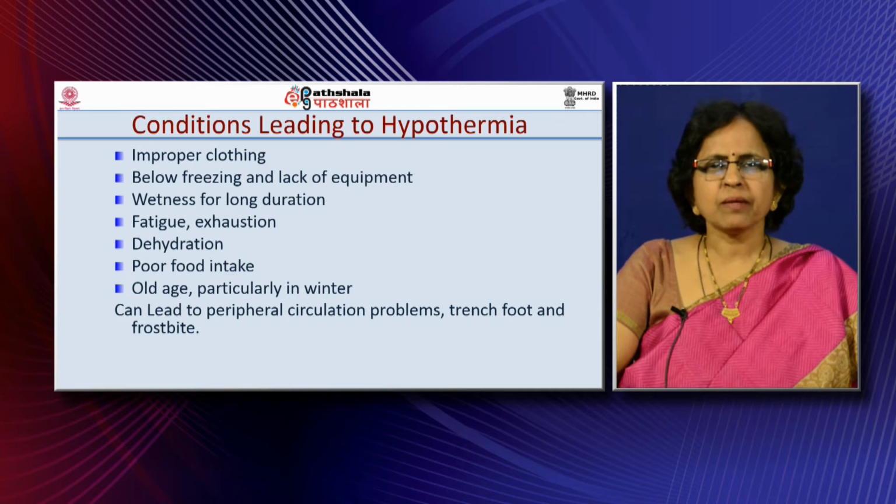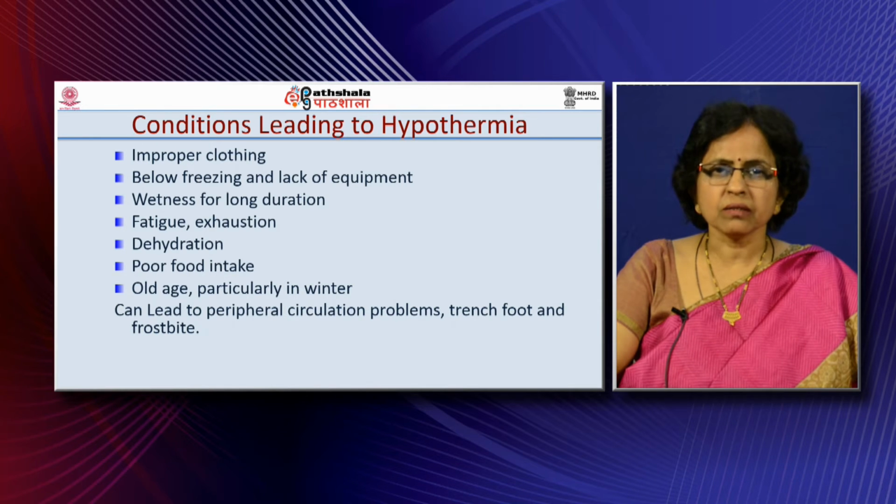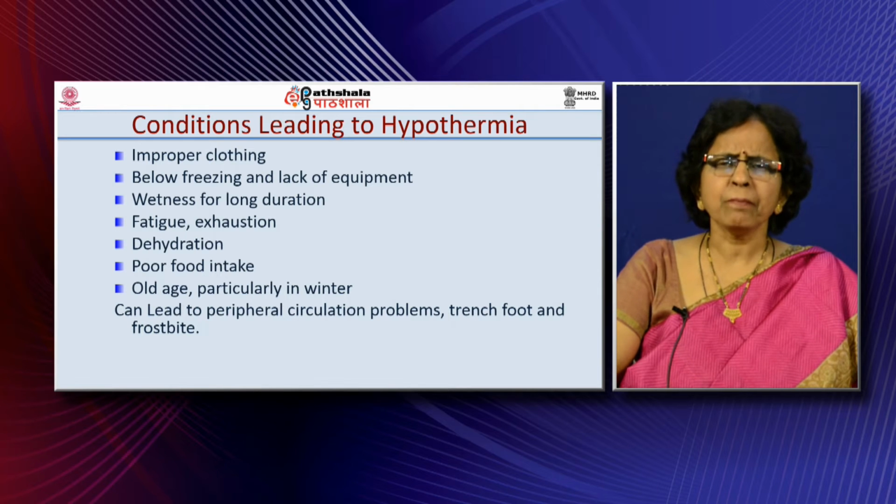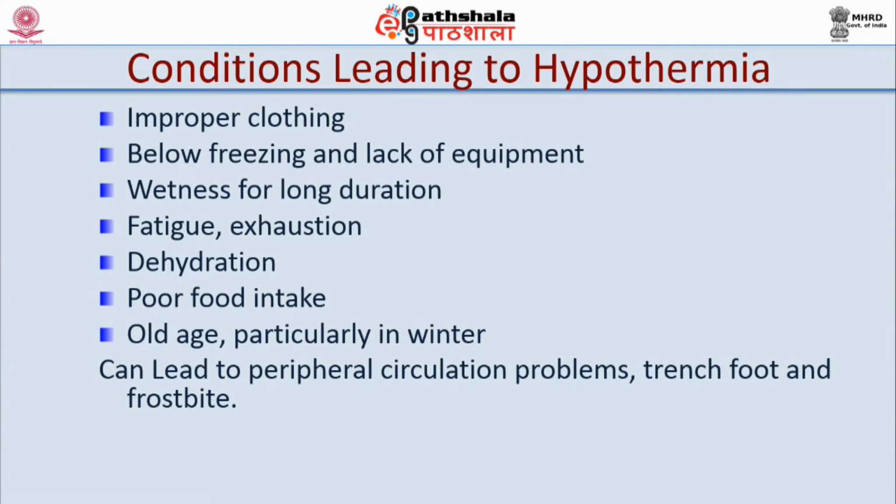We all know that sometimes we are not properly wearing woolens under severe winter conditions, cold temperatures, and that can temporarily bring down the body temperature. And also, if you are in very freezing conditions, that is below zero, sub-zero temperatures, and you go there without proper equipment and proper woolens, again it can lead to hypothermic conditions.